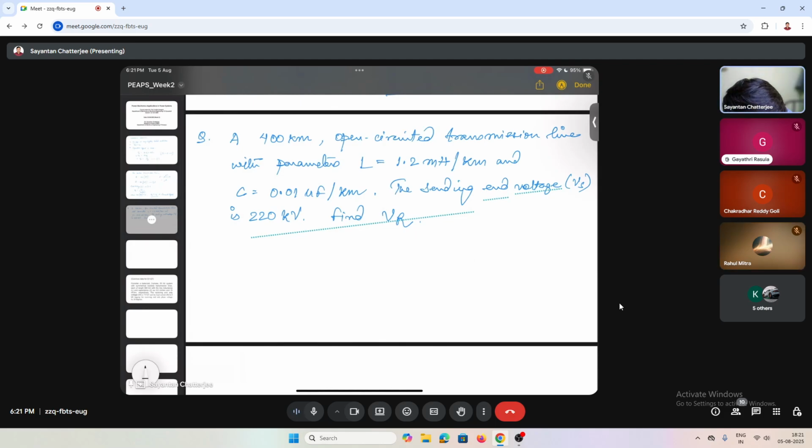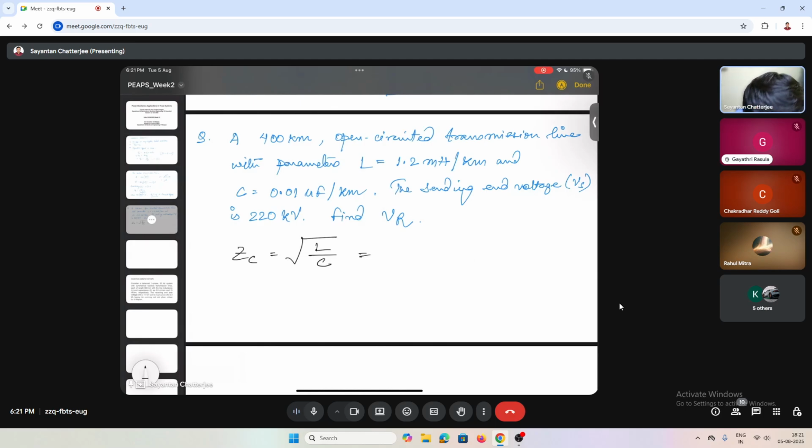ZC, what is the term also known for ZC? Characteristic impedance, right? Or surge impedance. Yes, surge impedance. So please calculate.